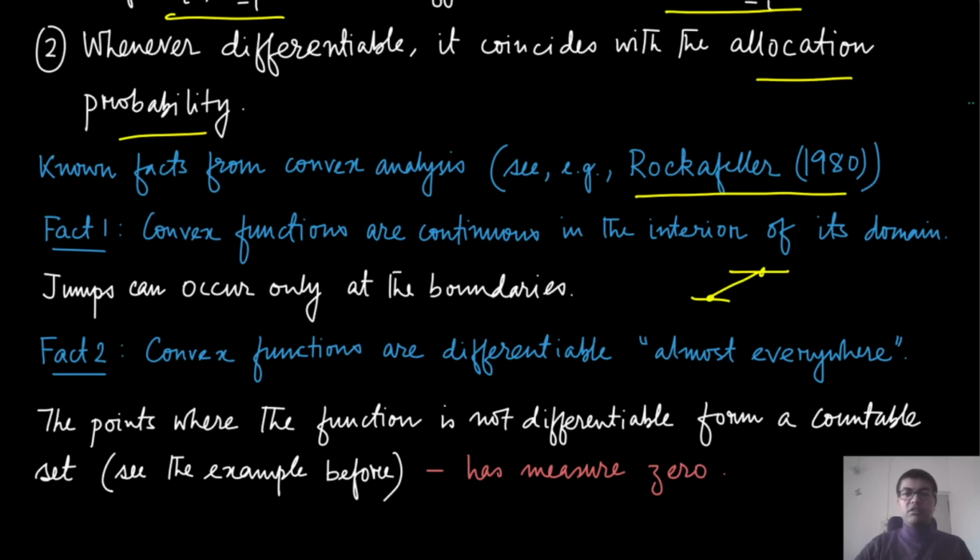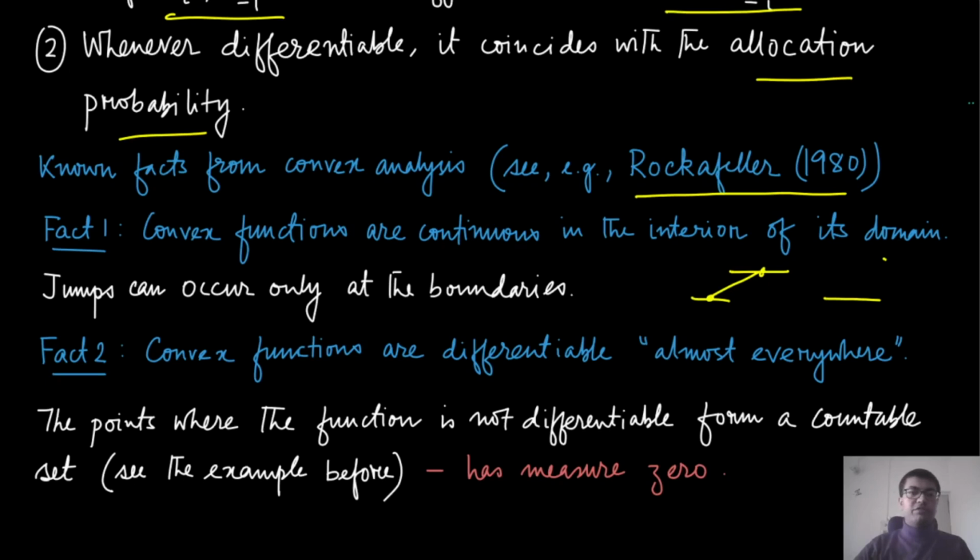So as long as you are in the interior of the domain, the convex function is always going to be continuous. Of course, at the end, suppose you have a jump here, because there is no other point beyond this domain, you can have a jump, and that will still be convex, because you cannot draw a chord which goes even beyond. But it can never be discontinuous inside the interior of this domain.